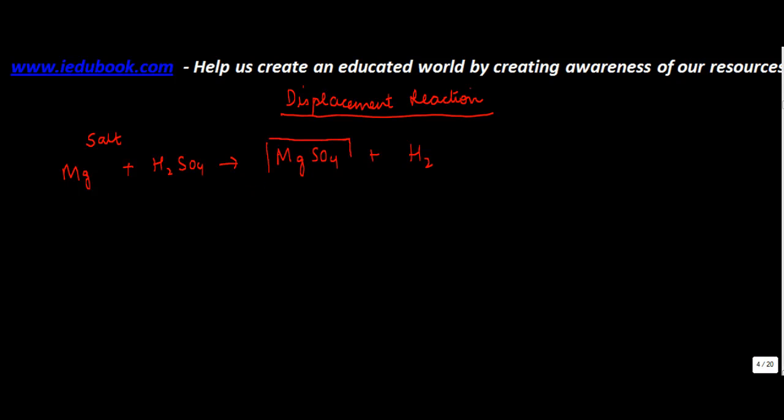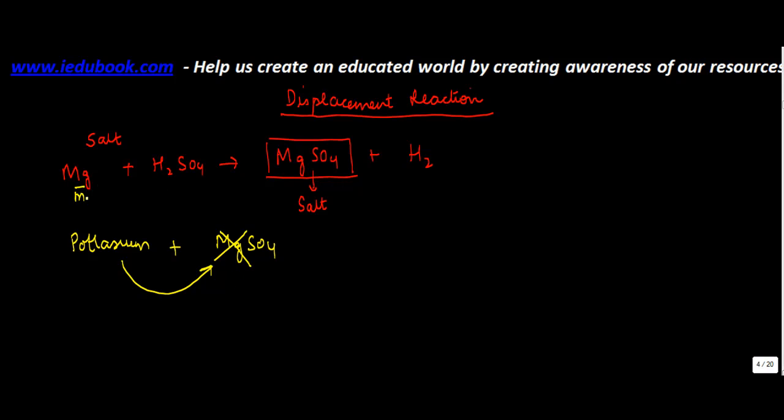Now what can happen is that, let's say you have this salt. Now you mix another metal in this. Let's say you use potassium plus magnesium sulfate. In such cases, the potassium will react with magnesium sulfate and it will displace the already existing metal.